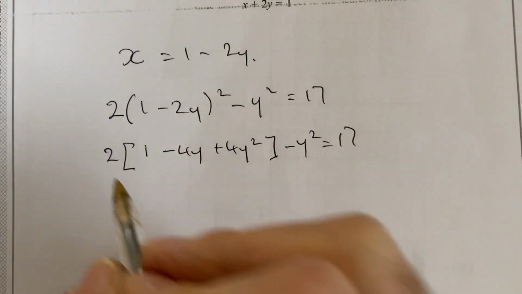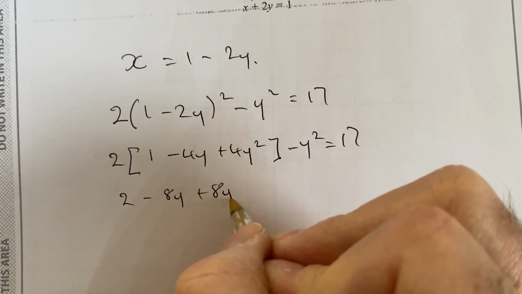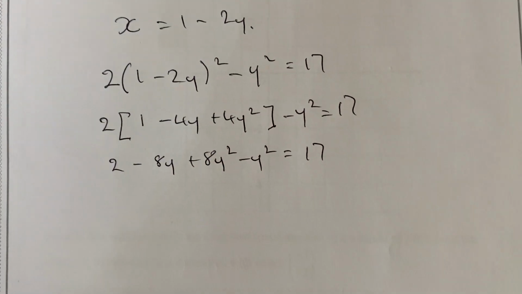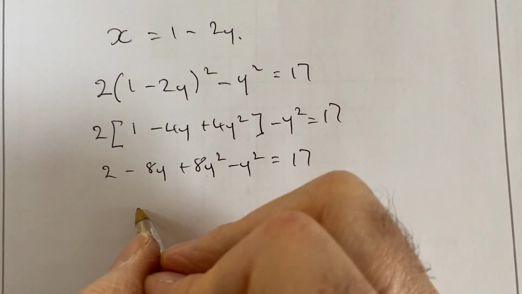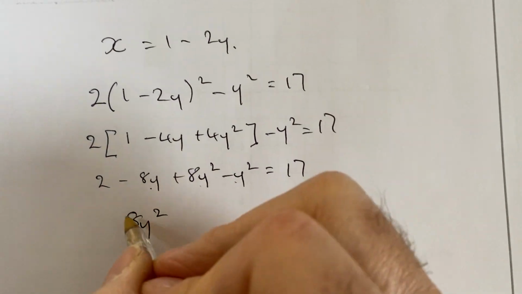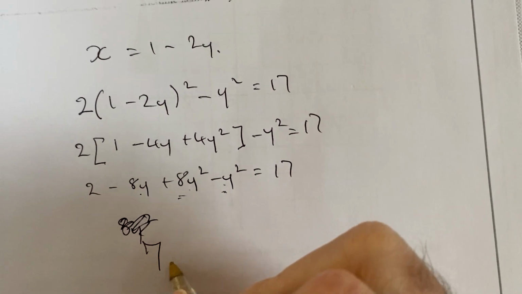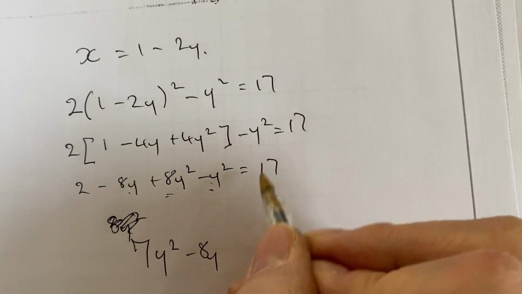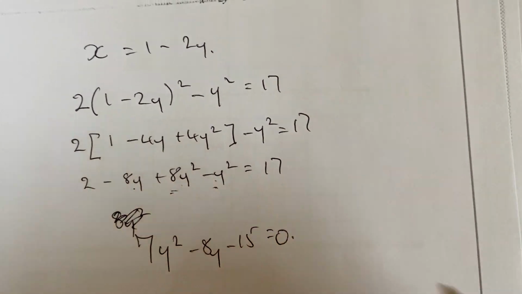Okay, multiply everything out by the 2. And now rearrange everything. You've got the y squared largest here, so let's keep that there. That take away, sorry, that's 7, isn't it? There you go. So slow yourself down. That's 7 minus 8y. That becomes 2 minus 17, which is minus 15, equals 0.